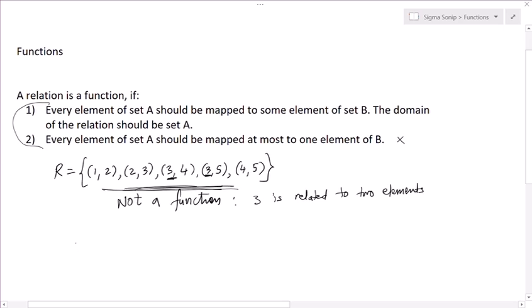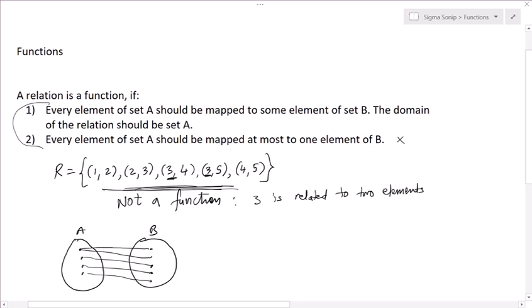That's my set A, that's my set B, and instead of writing values, I'm just using points, and that should be enough for us to make a decision whether these relations are functions or not. Again, I would ask you to pause this video and see whether this relation is a function or not.